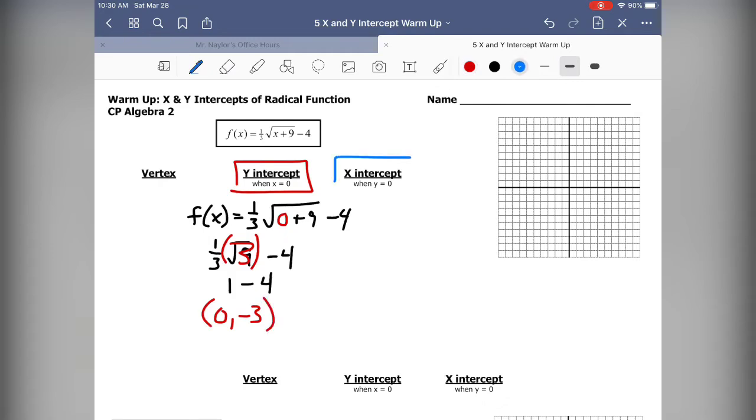But if we want to find the x-intercept, now we're plugging 0 in for y, which really means we're setting the equation equal to 0. Now, when you set the equation equal to 0, you find that your goal is to solve for x. So now we have to think like algebra.